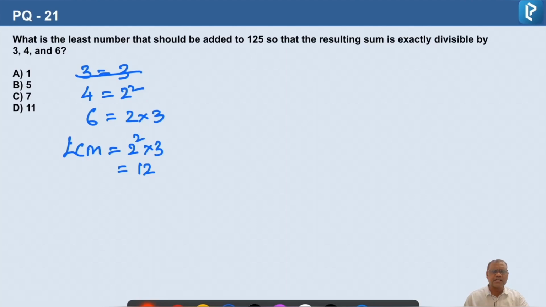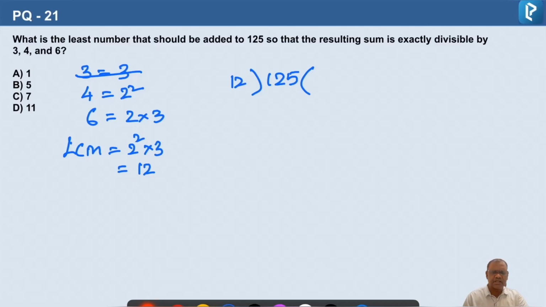Now the least number that should be added to 125. That means the next number after 125 which is divisible by 12. So we have to divide and find out how much is falling short. 125 divided by 12. 12 tens are 120, which is less than 125.